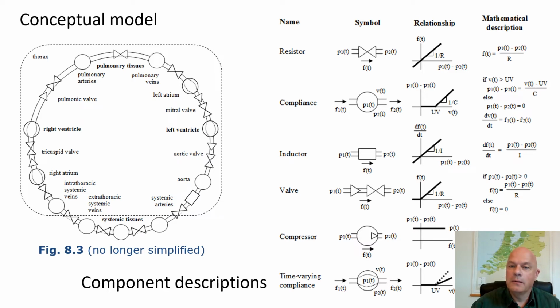And then you can give a mathematical description, and in this case, this is Ohm's law, or in a way it's a form of Poiseuille's law for a resistance. And of course, for the same symbol, we can accommodate nonlinear relationships, and then we get a bit more mathematical description. So the table is made for linear components, at least as far as resistance is concerned.